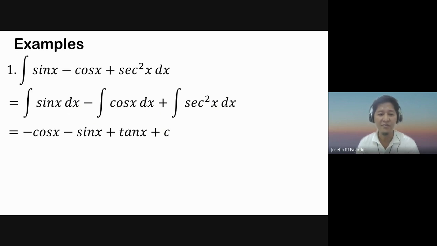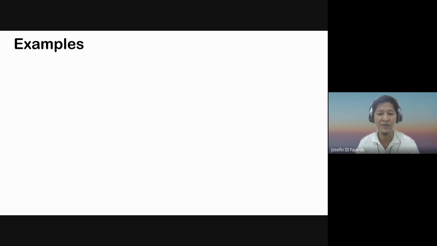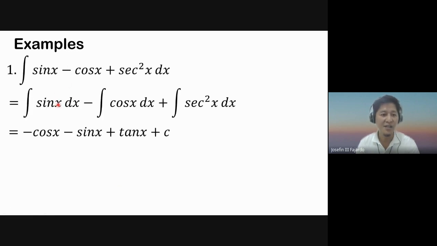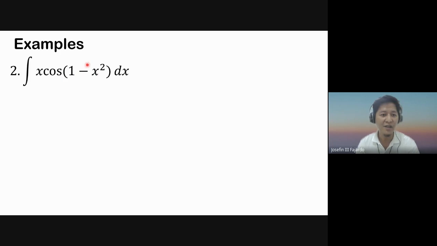Okay, next example. How about this? Medyo tricky dito. Notice this one, just like I mentioned, unlike the previous example, yung ating x dito, parehas lang ng x, so diretso lang. But in this case, notice, yung argument ng cosine ay hindi na parehas ng ating differential. Diba? So that's actually a cue that we can perform a substitution method.